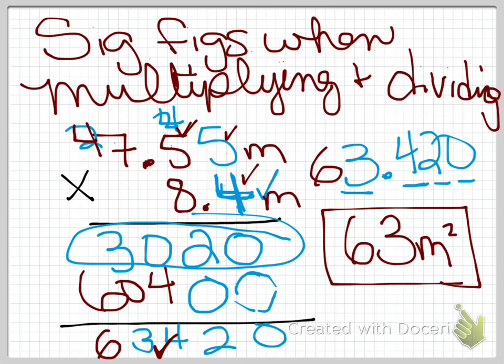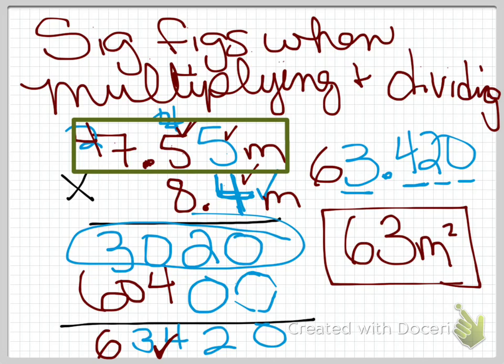I didn't go by the decimal. When you add or subtract, I'm going to review over that in a second. When you add or subtract, you look past the decimal. Here, this one, this 7.55, had a total of 3 sig figs.